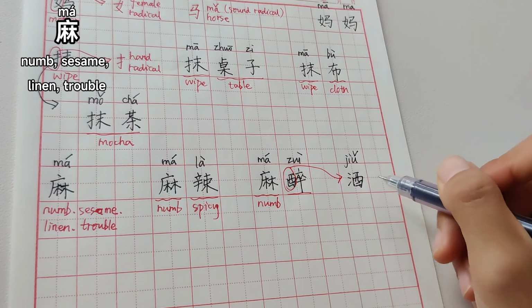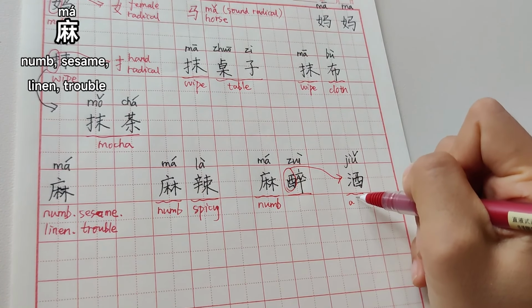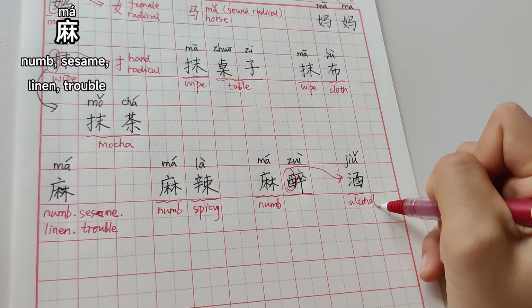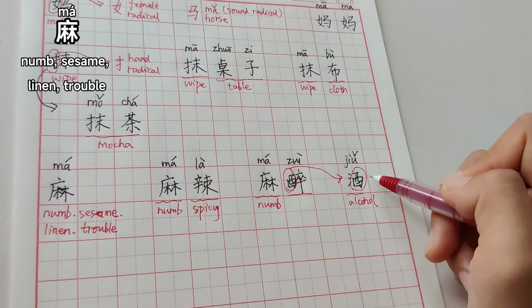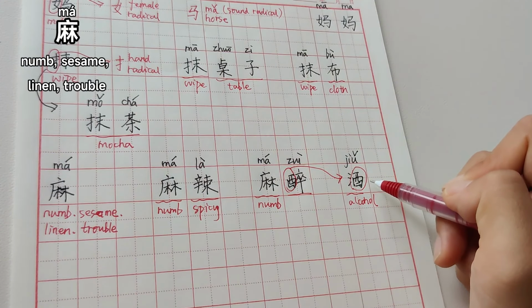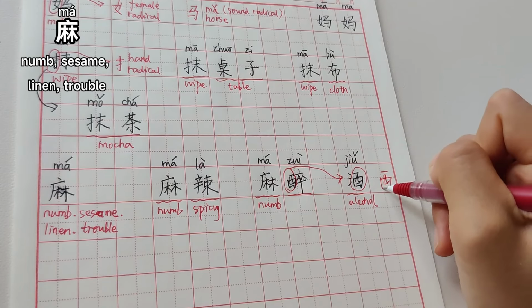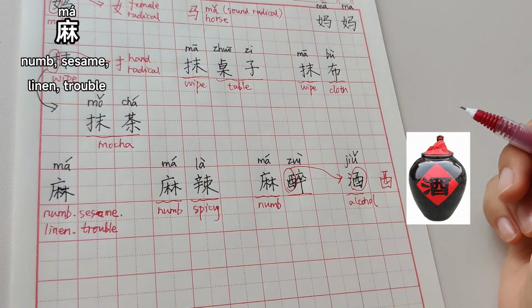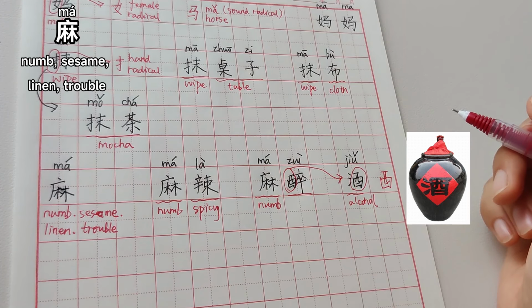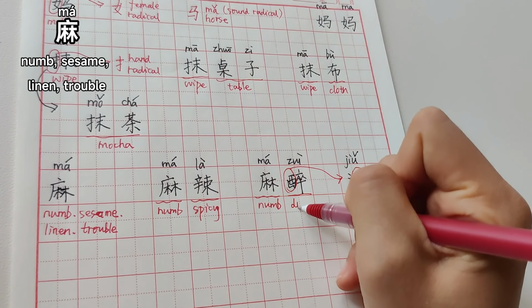Remember, 酒 is alcohol. You can see the left part of the 醉 is in the right part of the 酒, and this part resembles a wine pot, a Chinese traditional wine pot. Okay, so it's related to wine and alcohol, and 醉 means drunk.